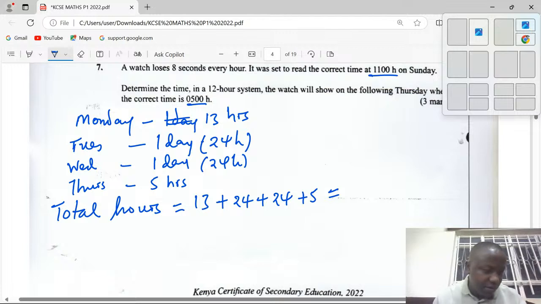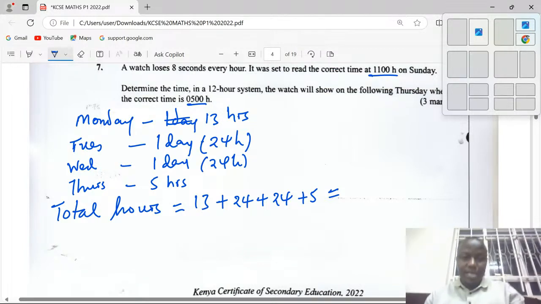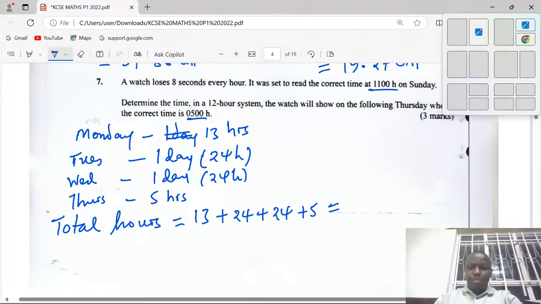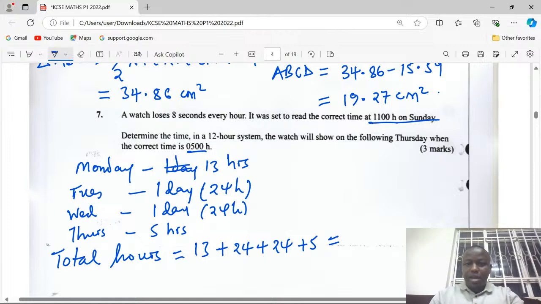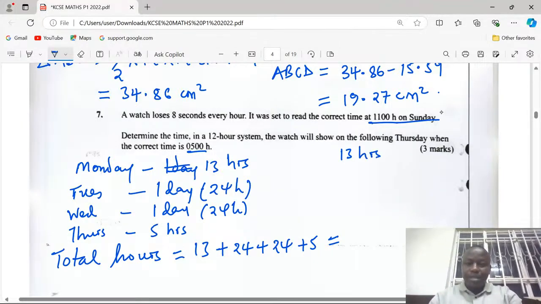I think we should be very careful when handling this. Let's check it closely. Let's just go through the problem. From Sunday up to Monday, there will be 13 hours. That is up to Monday.